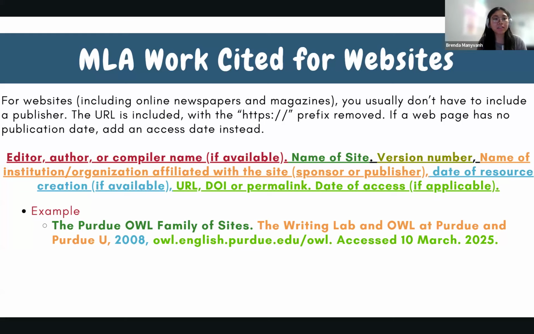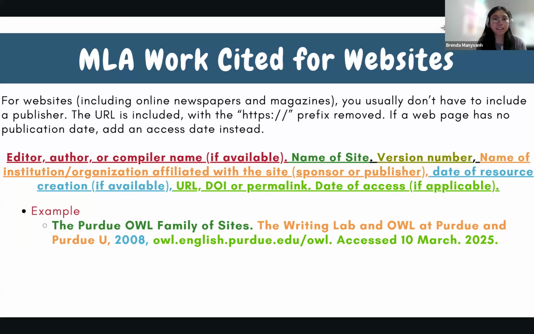So the general elements are the editor, author, and compiler name if available, name of site, version number, name of organization, date the source was created, so the year, if it's available, and then the URL or DOI link, and then date of access if available.